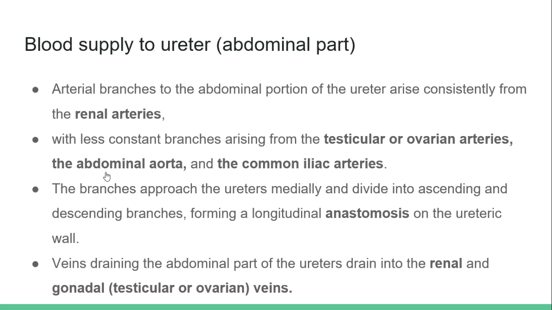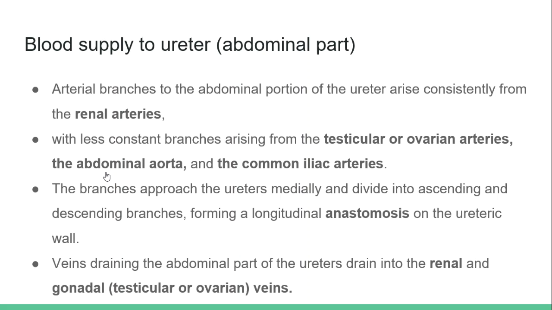So we shall then look at the blood supply to the ureter's abdominal part. Arterial branches to the abdominal portions of the ureter arise consistently from the renal arteries, with less constant branches arising from the testicular or ovarian arteries, the abdominal aorta and the common iliac arteries.